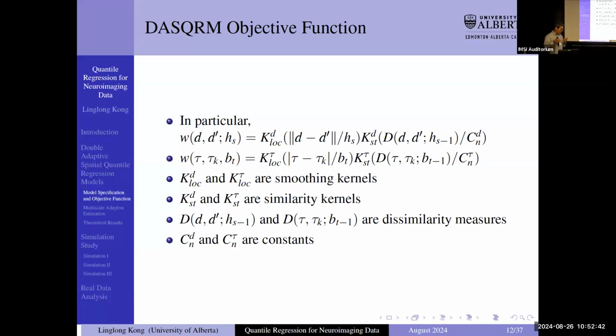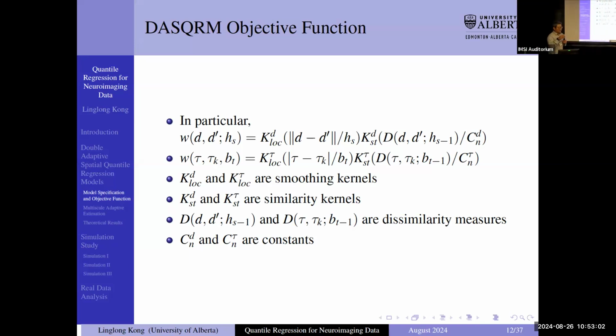In this way, we can respect the data being piecewise continuous within a certain region, or continuous within a certain quantile level. And also, because of this second term, we can separate them.